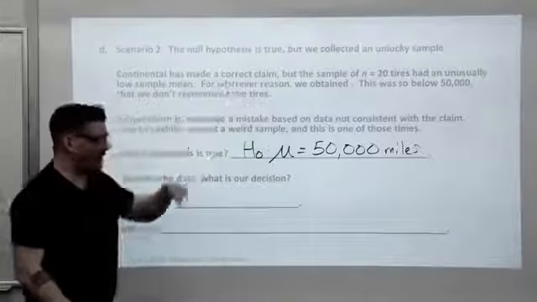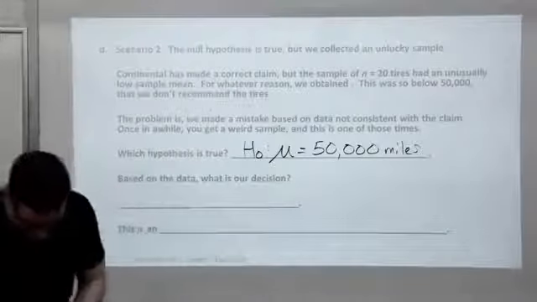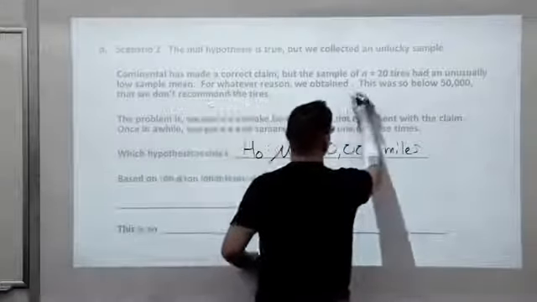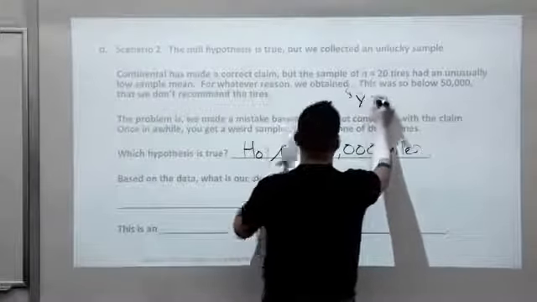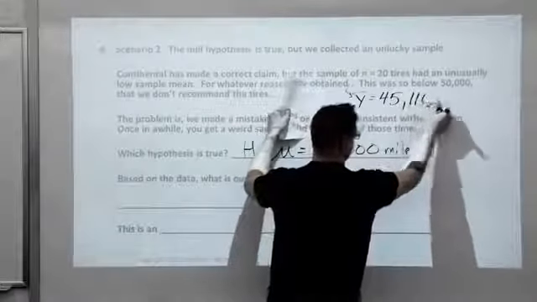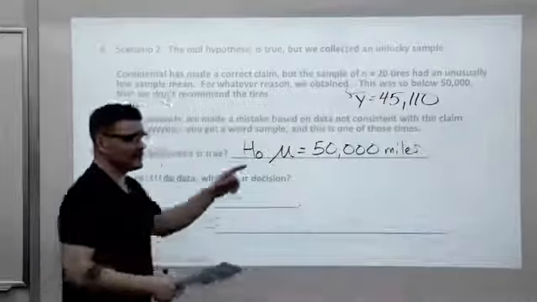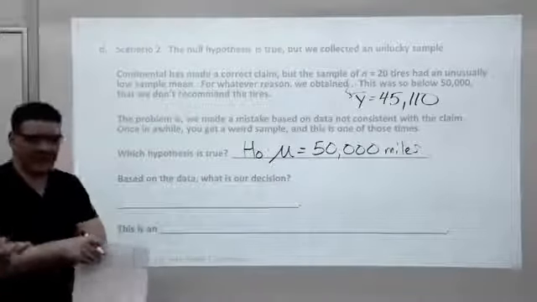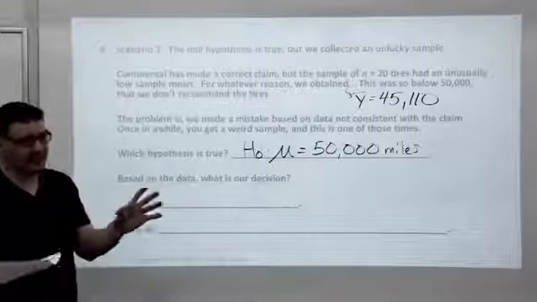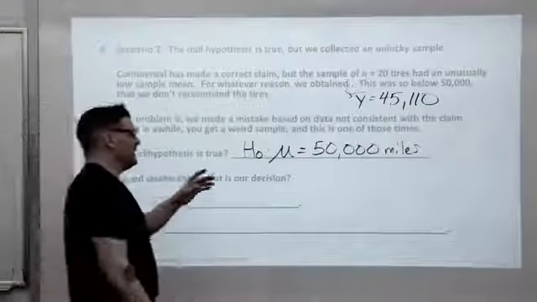For whatever reason we obtained it, and it looks like that didn't get copied in there, but it's in your notes right there. From the 20 tires, we got a sample mean of 45,110. Really unlucky sample. If we took a random sample, this was pretty unlucky.